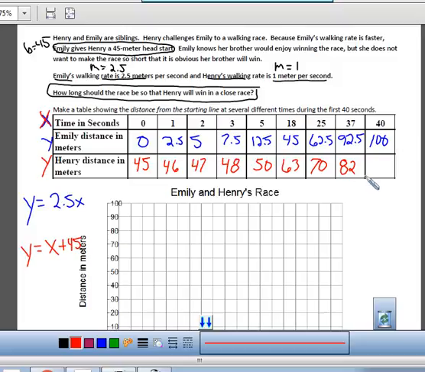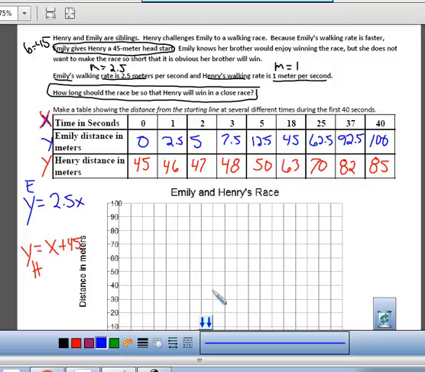And 40 plus 45 is 85. So there we have our table of values. And we have equations, one for Henry and one for Emily, that can be used to help you find these values.